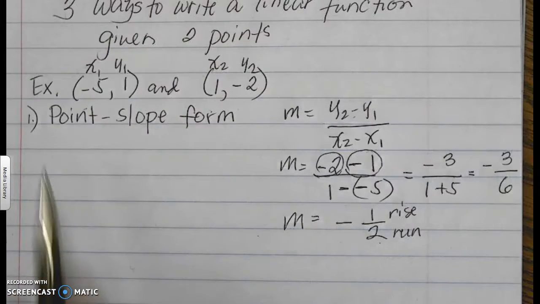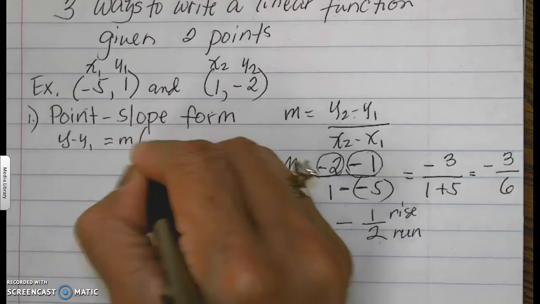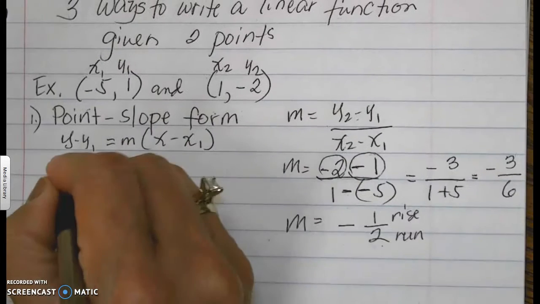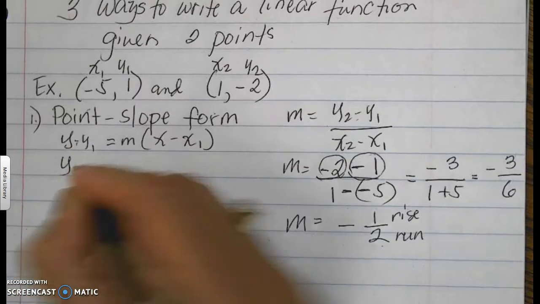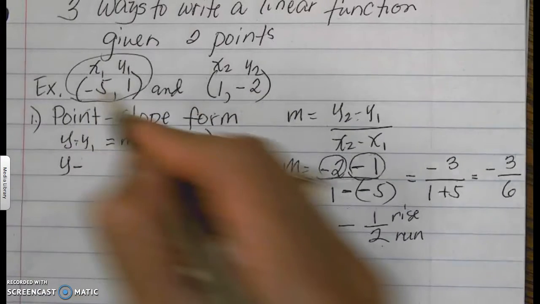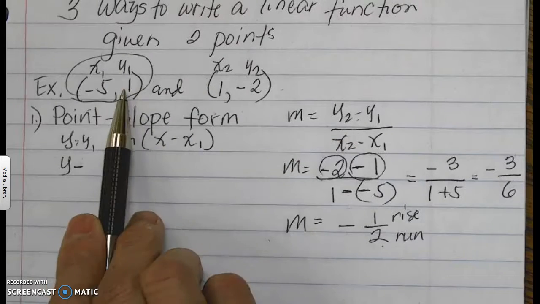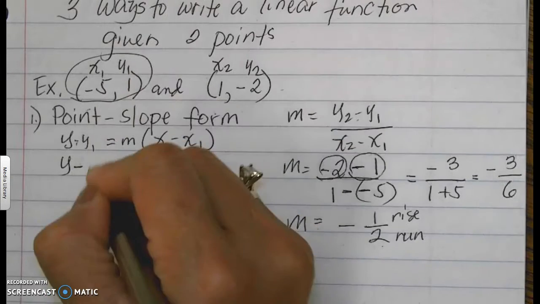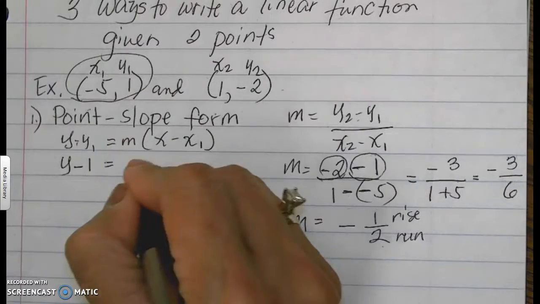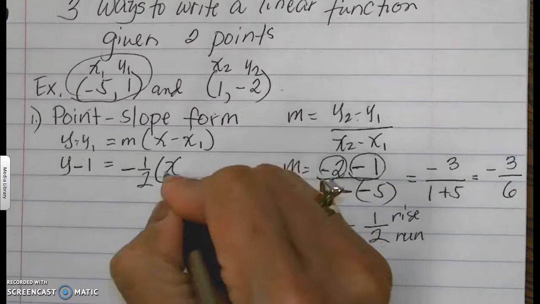So let's try to set this up. Your point slope form is y minus y1 equals m times x minus x1. So y is fixed, don't touch that. Minus is fixed. Your y1 is, let's just use this, but actually you can use either. Since this is already numbered as your y1, let's just use that. So that is y minus 1 equals your m, a -1/2. Your x is fixed, minus is fixed.